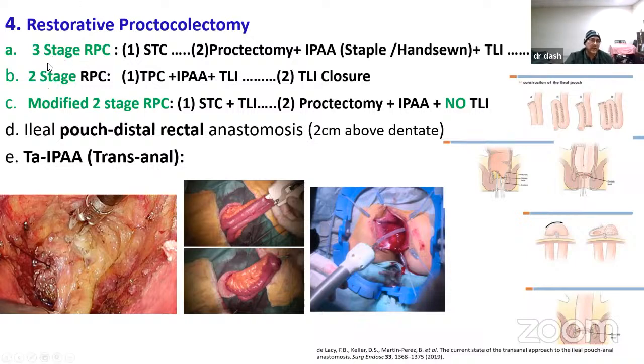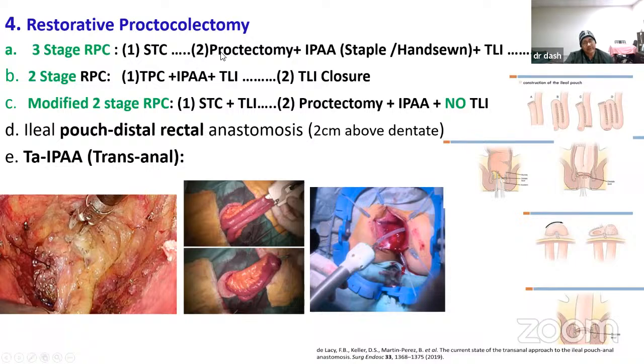different ways. The most common and traditional being the 3-stage procedure, and it has its own indications, as Dr. Sujoy said. If we are opting for that one, then we have to do a subtotal colectomy and leave behind the rectum at the first step.